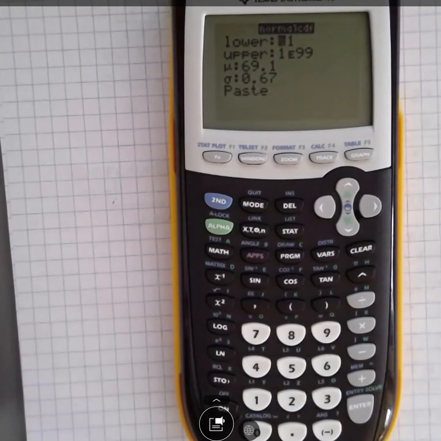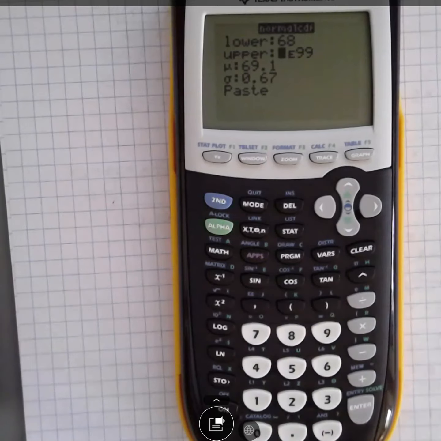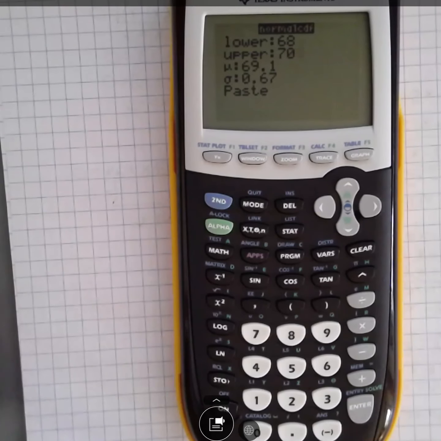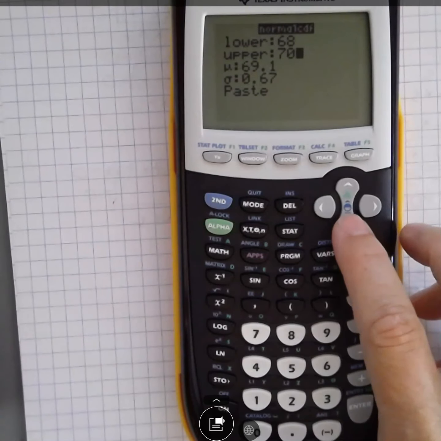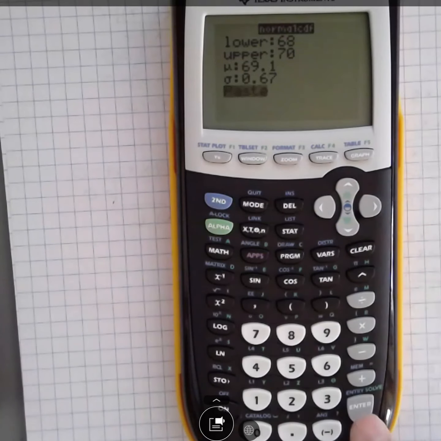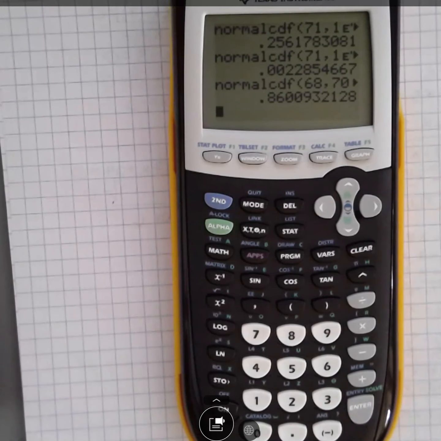And then our lower is 68, and our upper is 70. So we're actually asking how many people fall between these two values. But our mean 69.1 and our standard deviation 0.67 are going to stay the same. I'm going to hit enter to put that in there, and then I get that 86% of the people would fall within those two ranges because that's centered right around the mean.